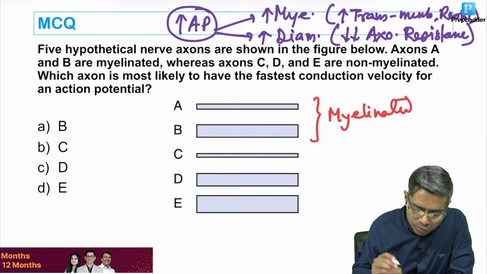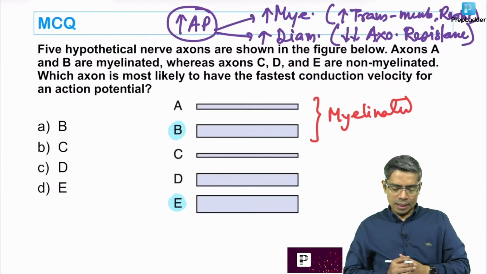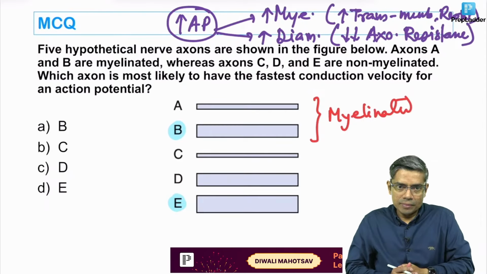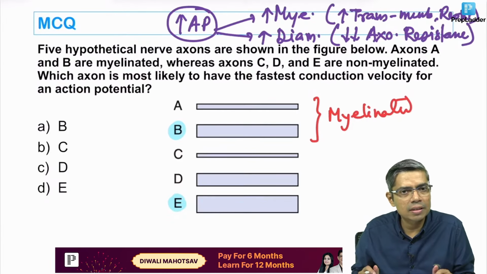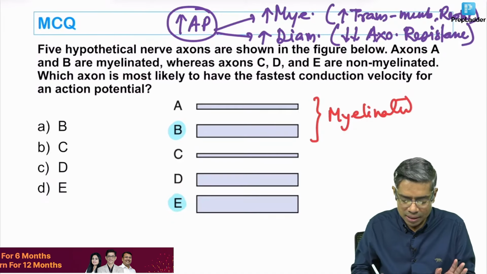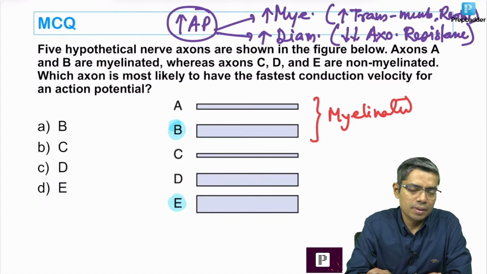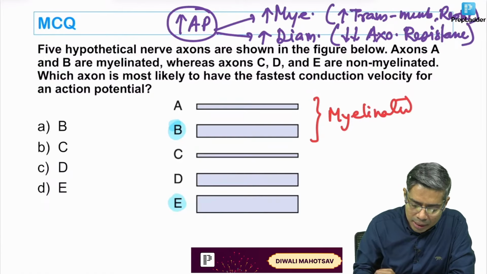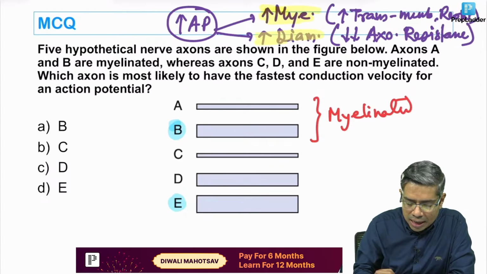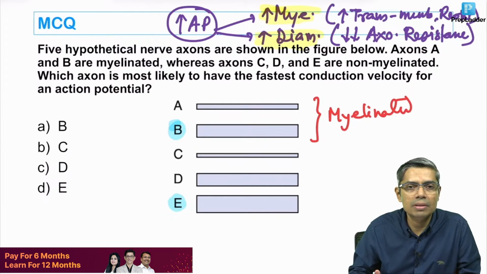So the confusion will arise only between these two. The diameter is maximum in E. So diameter is also important for increase in conduction velocity, but E is not myelinated, while B is myelinated but its diameter is lesser than E. So between myelination and diameter, which one is the more important parameter for increase in conduction velocity?